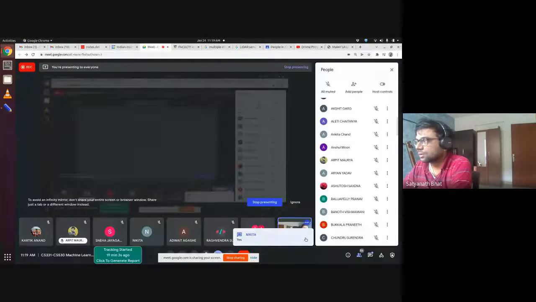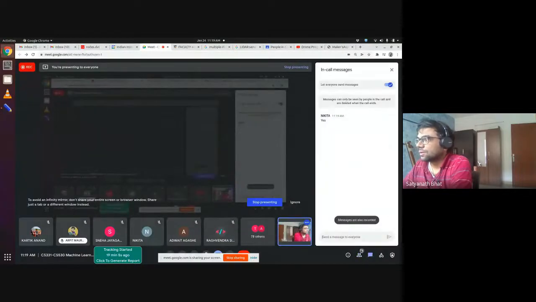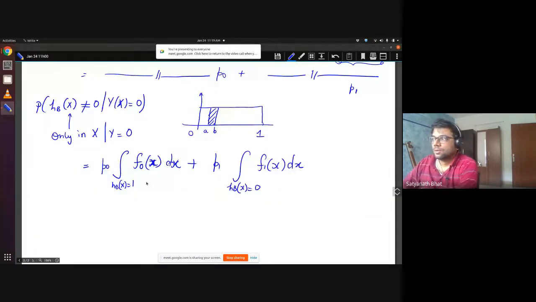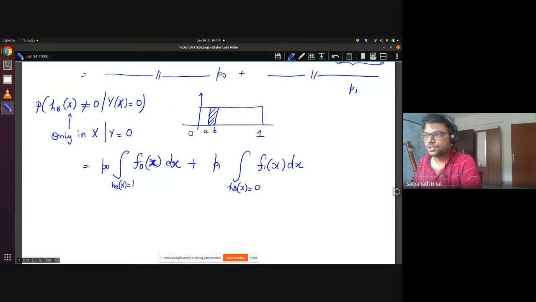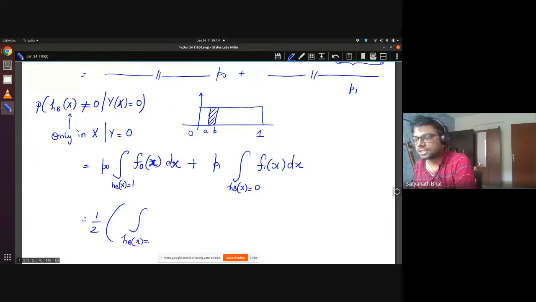Okay, good. So now, let's assume for the sake of simplicity that P0 and P1 are the same, so let's say that that's equal to half. So what I have is HB of x equal to 1, which is R1, right?